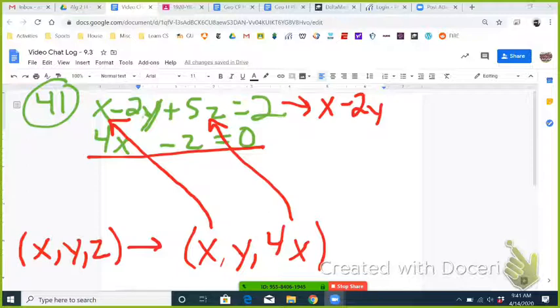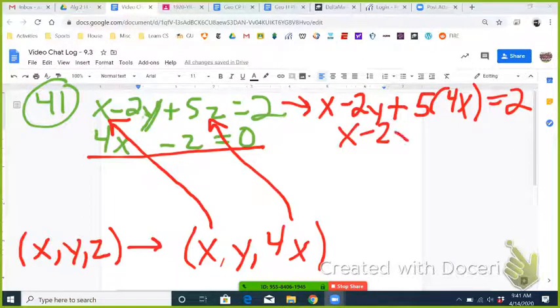Well, z is equal to 4x. Having technical difficulties here. Plus, sorry, it's not writing. 5 times 4x equals 2. Alright, so then we get x minus 2y plus 20x is equal to 2.